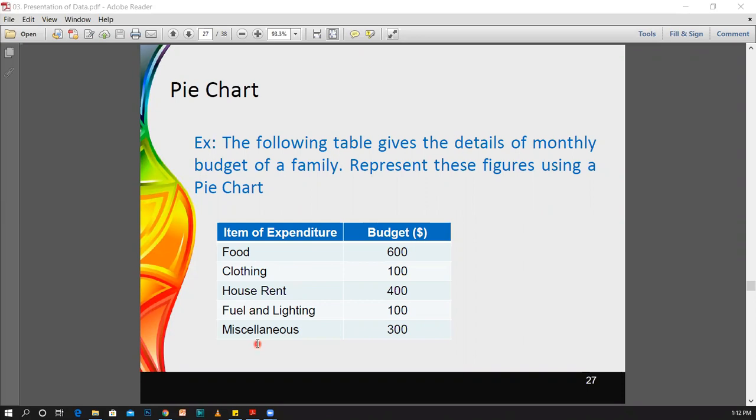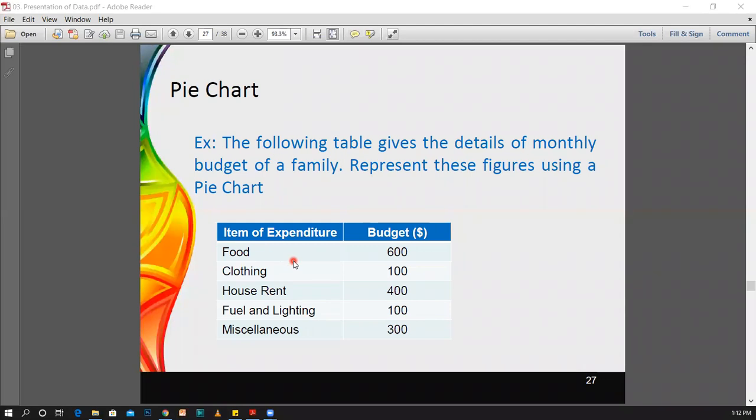There are several levels in the categories, and for each level they have allocated a budget in dollars. As an example, for food they are spending $600, clothing $100, and house rent $400. Likewise, they have a budget for each category.